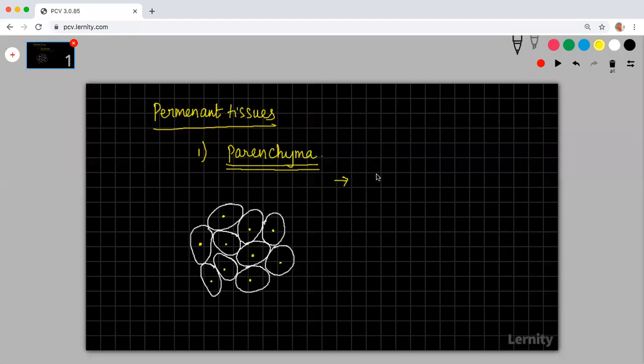The parenchyma are oval or spherical in shape. They have thin cell walls.